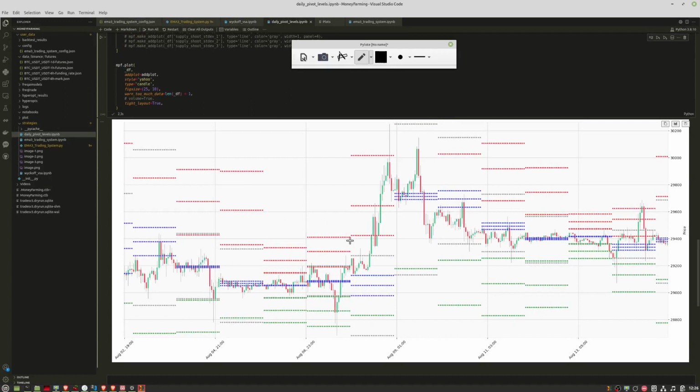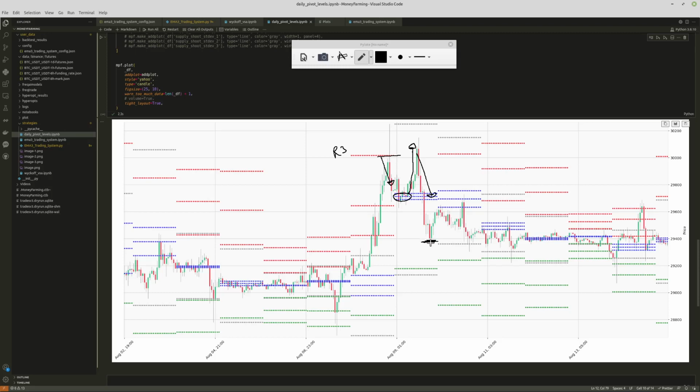See, check this out, right? In this particular example, we saw that this was R3. Okay, what it did, we saw this big supply shoot, market came down, found support on the pivot level, came back up, didn't go up here, and then came down, broke through here, and closed here, right?